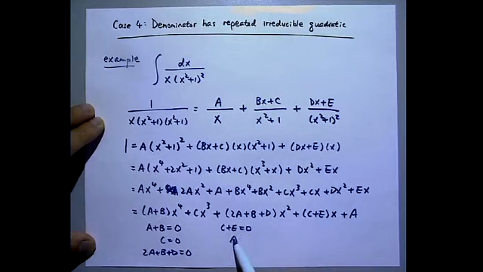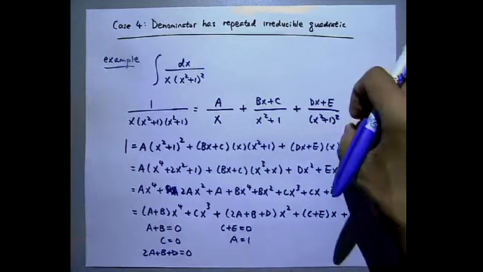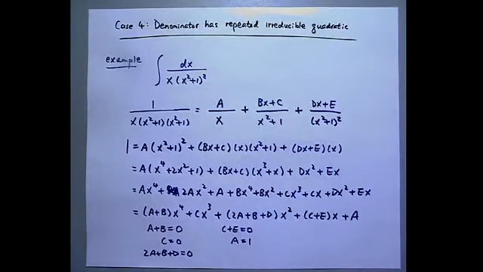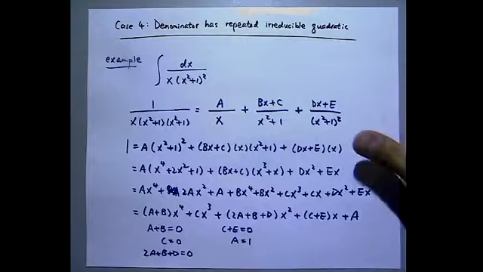And we know A is 1. Right? So actually, it doesn't look as bad as it initially appeared. Well, multiplying stuff out to get there was a bit of work.